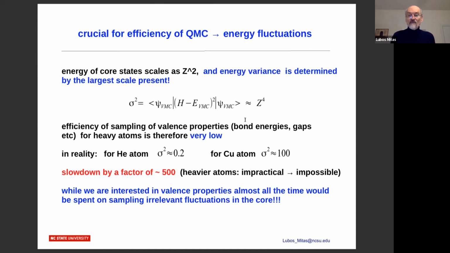And for even heavier atoms, it's so impractical that it becomes actually impossible. It doesn't make much sense to work with systems with uranium, because simply all the sampling effort will be spent on sampling the core fluctuations, which are irrelevant for most of the valence properties.